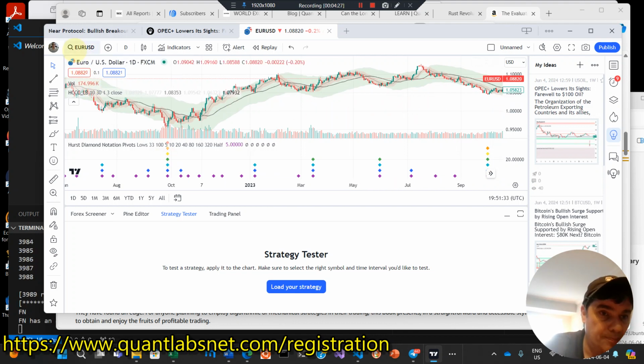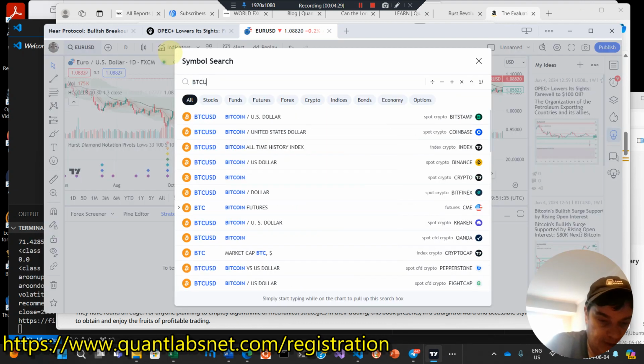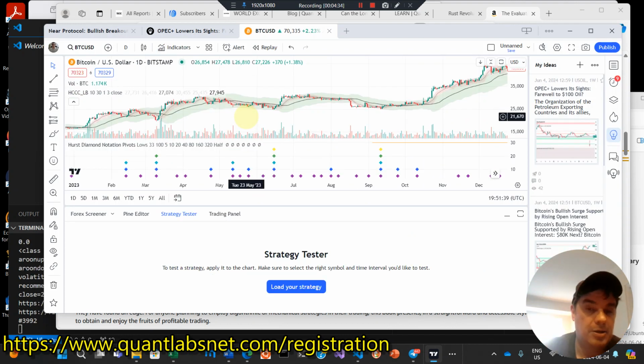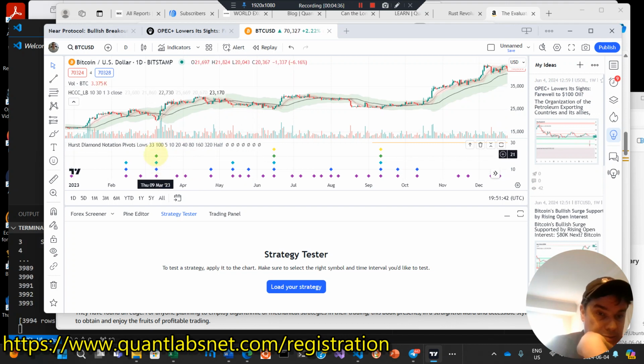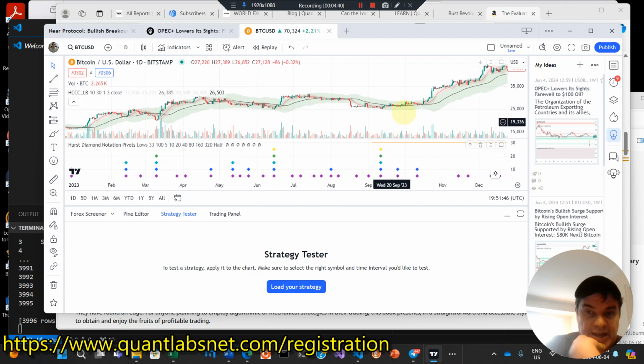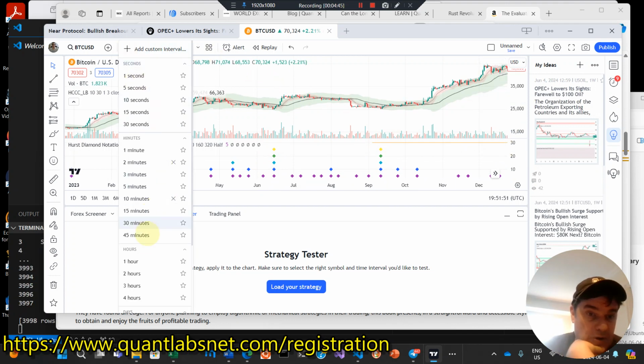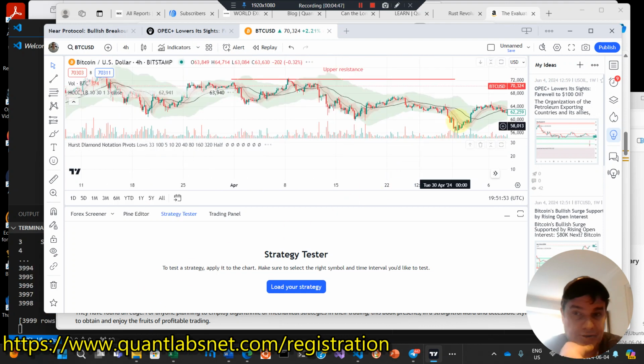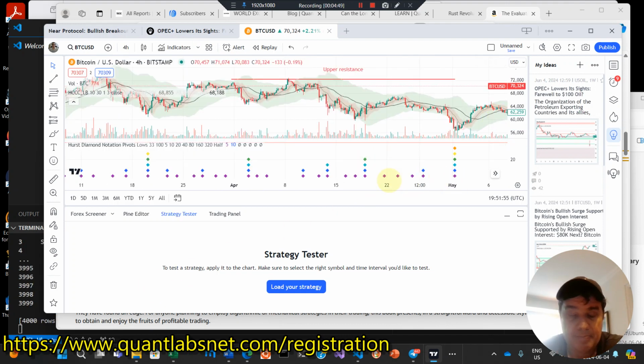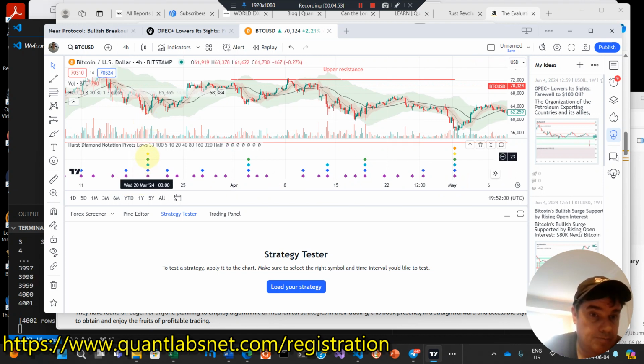So when it comes to Bitcoin, again, everyone loves Bitcoin and the like. You can see here that it does kind of work again. We've got a stack of diamonds, another big stack of diamonds, another big stack of diamonds, and boom. Depending upon the time frame, let's say on a 4 hour, it's a very universal indicator. Just before the upswing, Bitcoin took a nice upswing.